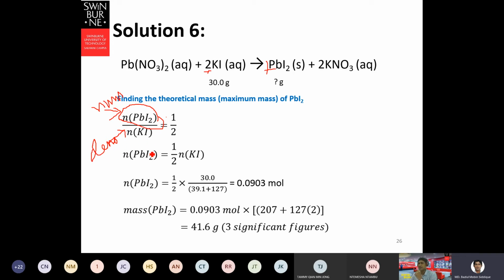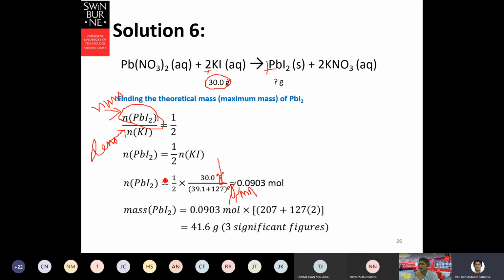We have 30 gram of potassium iodide, so we can find its number of moles easily by dividing the gram by the molecular weight of potassium iodide. Potassium is 39.1 and iodine is 127, so that is the total gram per mole of potassium iodide.